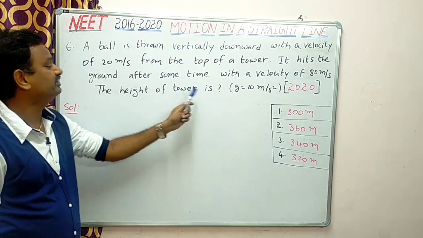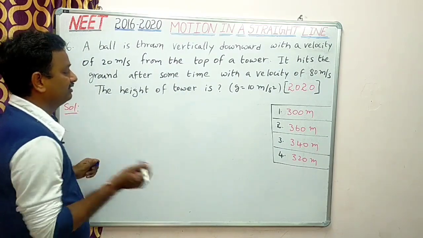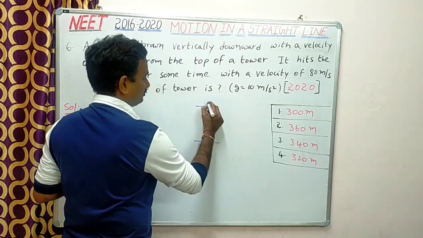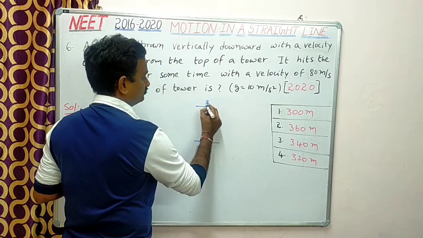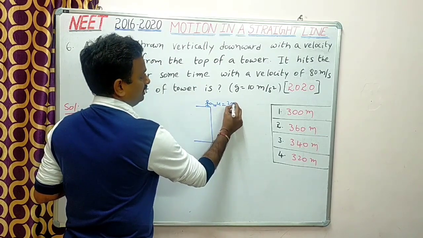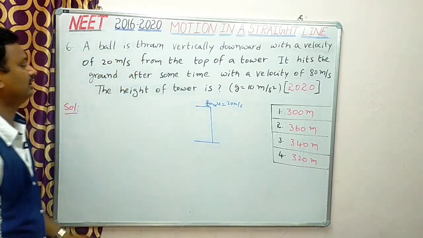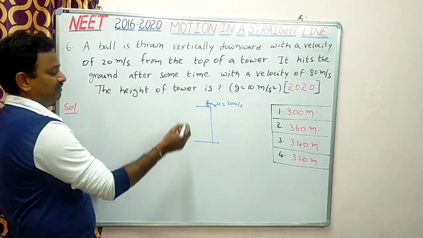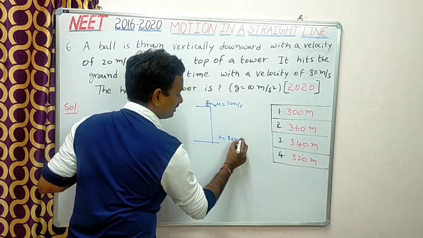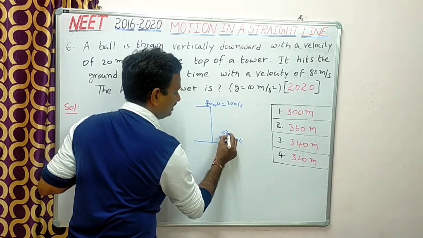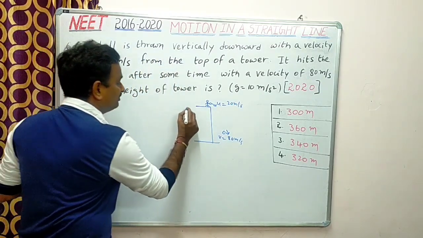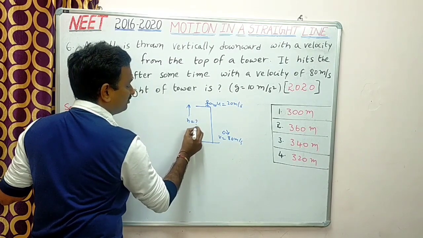The height of the tower is, look here, see, from the top of a tower a ball is thrown with the initial velocity 20 meter per second. So it reached the ground with a velocity 80 meter per second. So what is the height of the tower here? Height of the tower equals question mark.